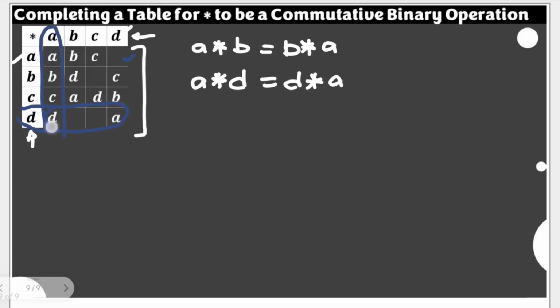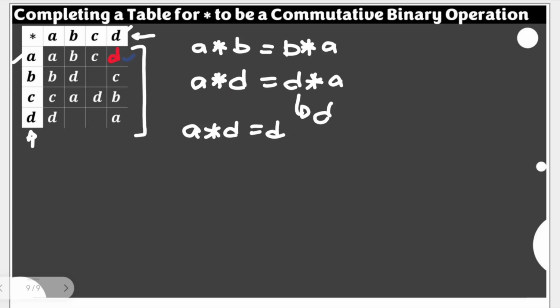The result is D. As mentioned earlier, this should also be the same entry in our unknown portion of the table. Because D star A is equal to D, A star D should also be D. Let me use red for our final answer for the Cayley table, which is also the same result as earlier, D.